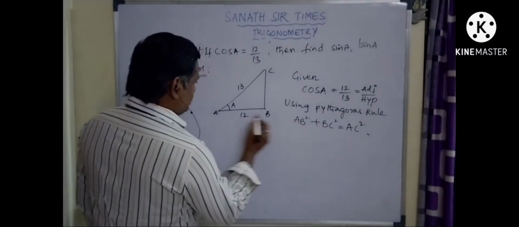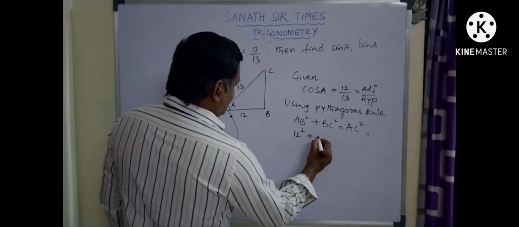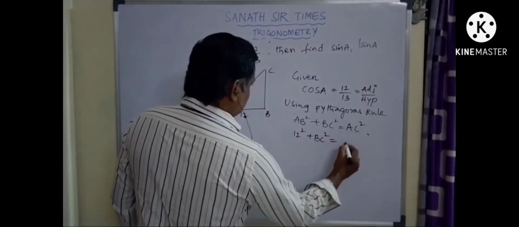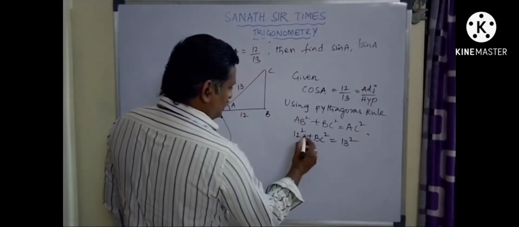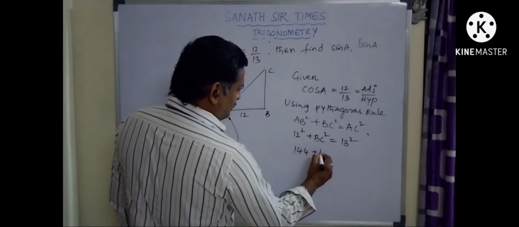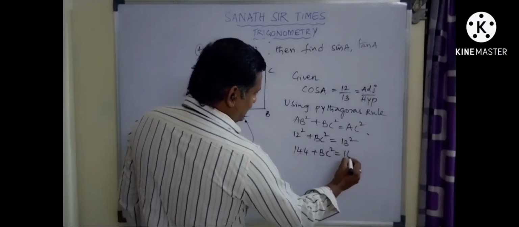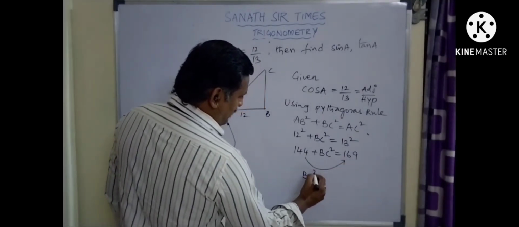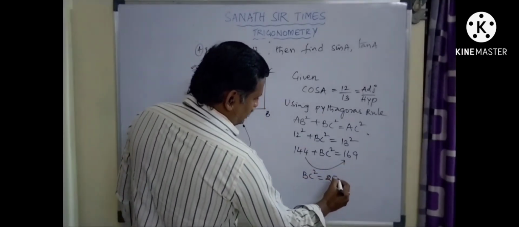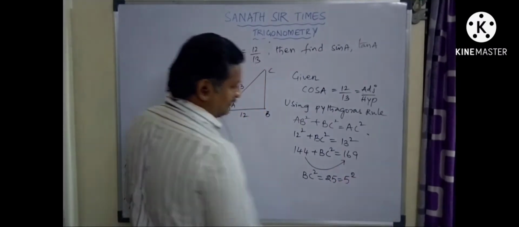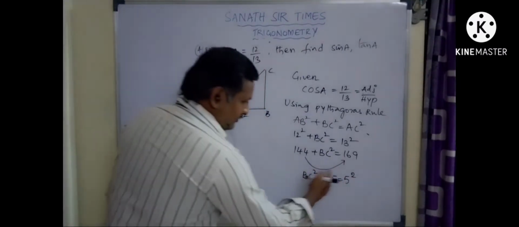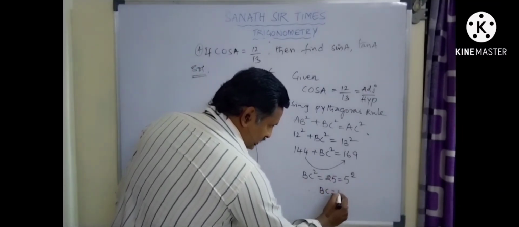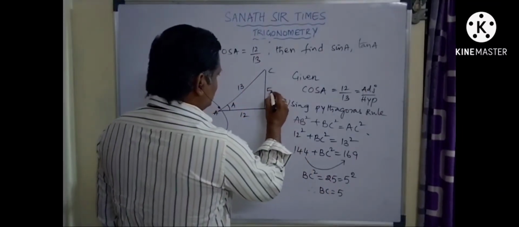Now AB is 12 square plus BC you don't know, BC square is equal to AC square, 13 square. 12 square is 144 plus BC square is equal to 169. Now 144 throwing to other side becomes 25. 25 is nothing but 5 square. So when squares are there, therefore you can write it as BC is equal to 5. So this is nothing but 5.